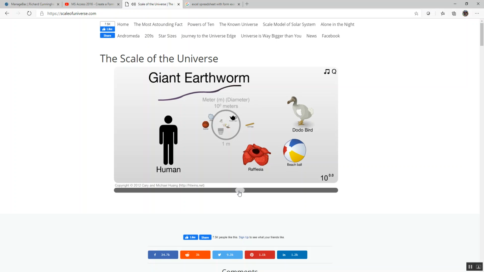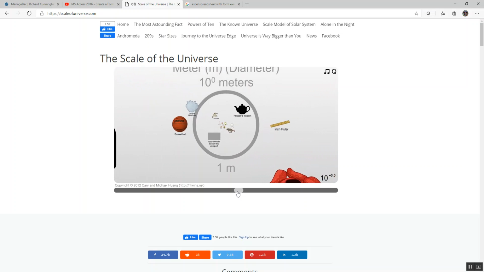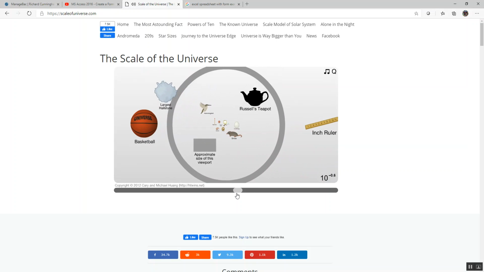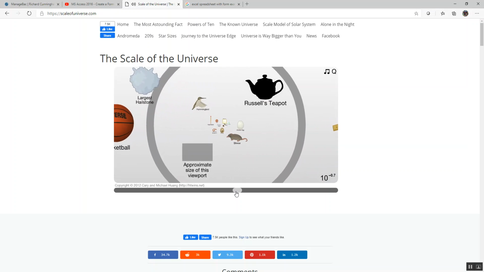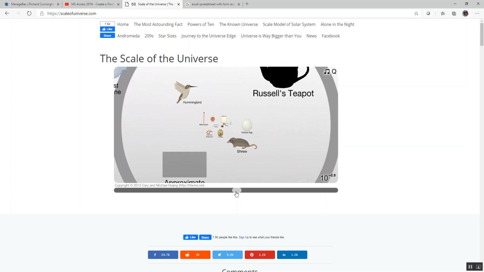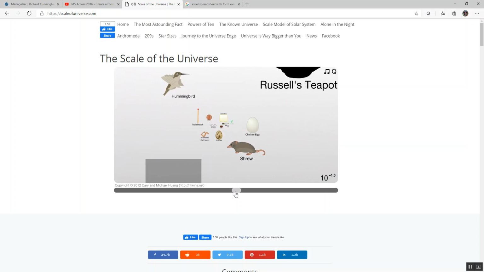So, if I start going the other way, I'm going to have 10 to the negative numbers. Let's see if we can remember. If I go to 10 to the negative 1, who can remind me what 10 to the negative 1 means?